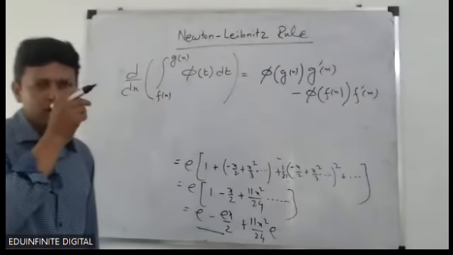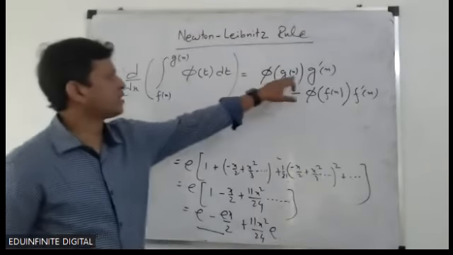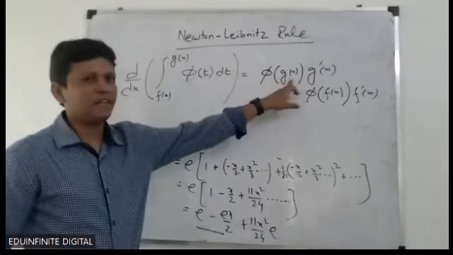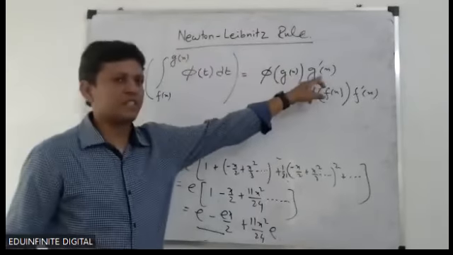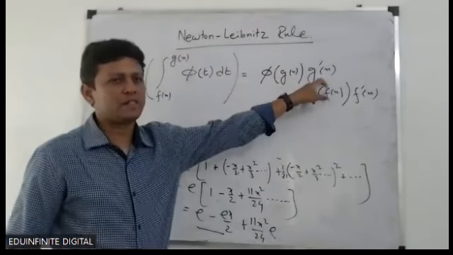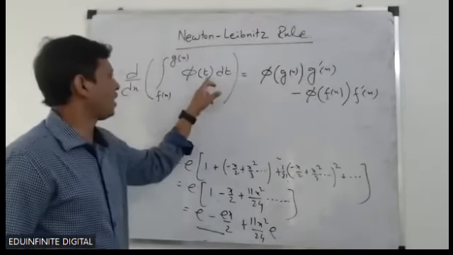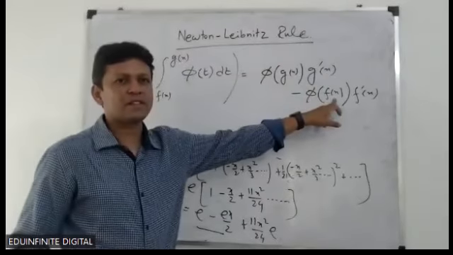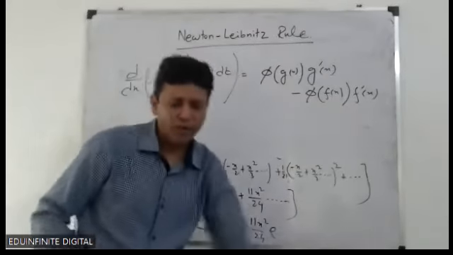This is the rule. First, your upper limit, replacing t with g(x), times g dash x, the derivative with respect to x. Next is the lower limit f(x), times its derivative with respect to x.